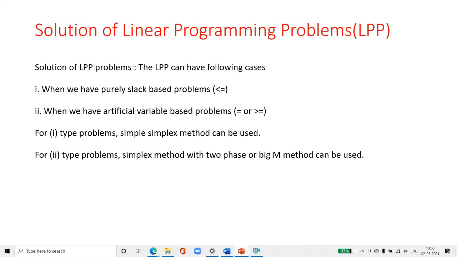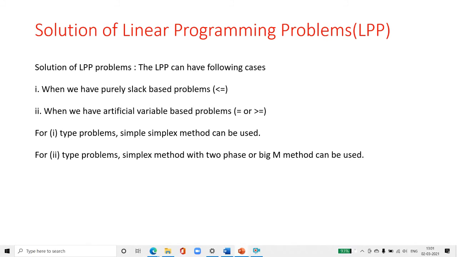Next is the solution of the linear programming problem. There are two cases: a purely slack based problem, that is, less than or equal to, and an artificial variables based problem, that is, equal to or greater than or equal to.